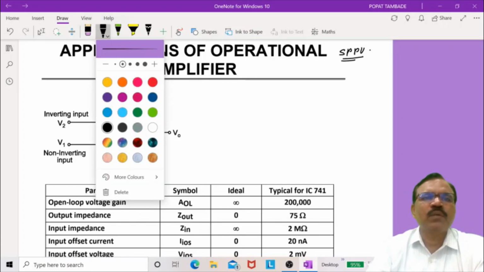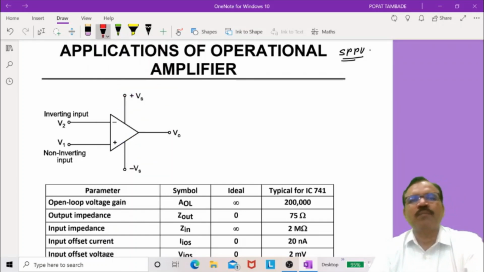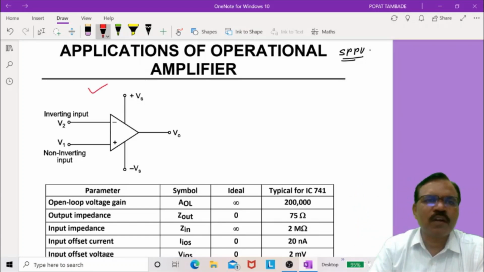Here I am going to discuss multiple choice questions on applications of operational amplifier. Now here the symbol for operational amplifier is shown.